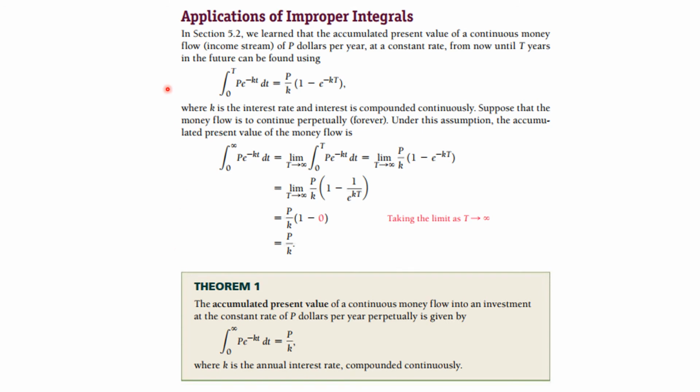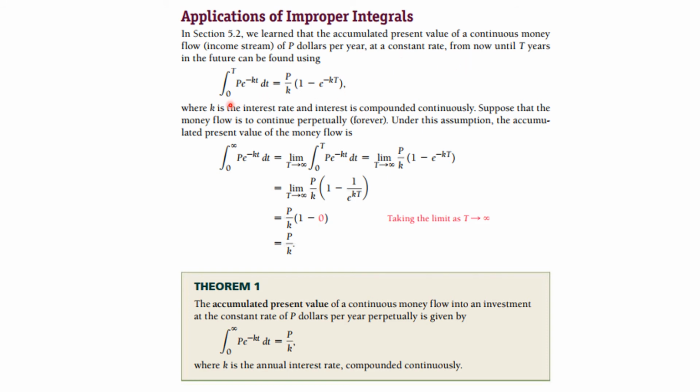Well, let's look at an application of these improper integrals that really comes up. In a previous section, actually the very last lecture we did, we learned that the accumulated present value of a continuous money flow income stream of p dollars per year at a constant rate is this.